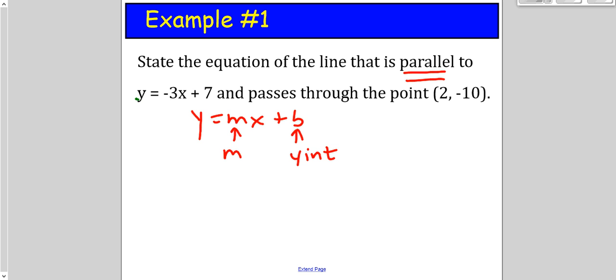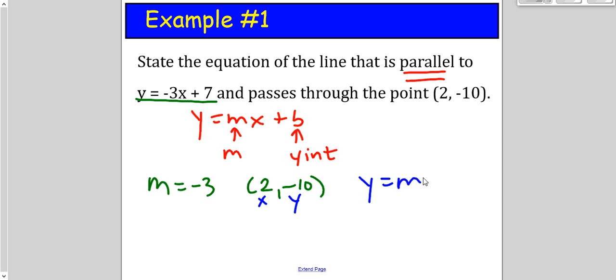If I examine this equation carefully, I can see that it has a slope of -3. Awesome. So I've already found one part of my equation. The next part I need to figure out is the y-intercept. They tell me that my new line crosses through the point (2, -10).